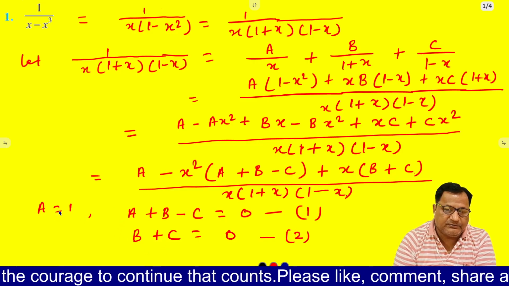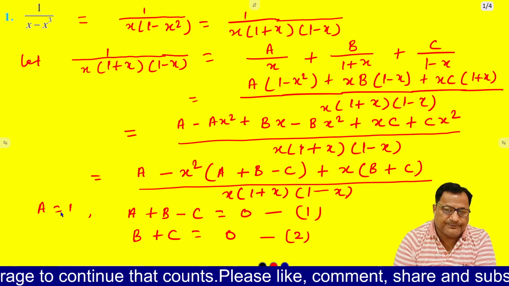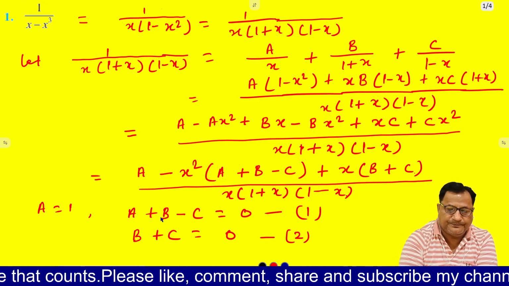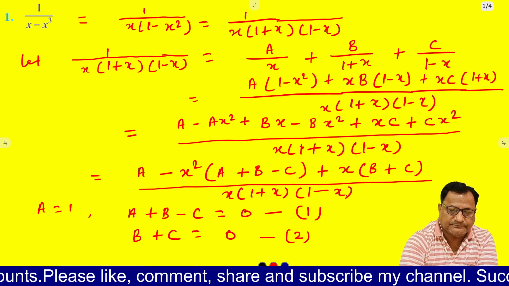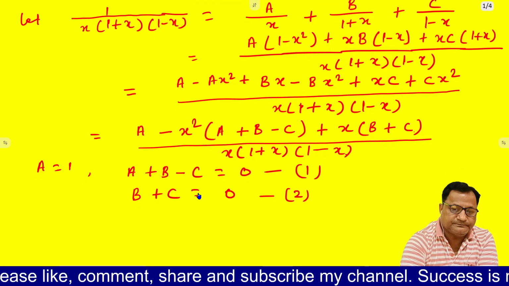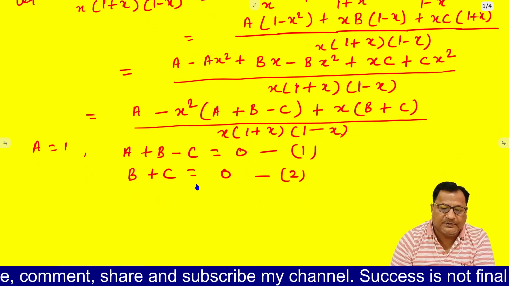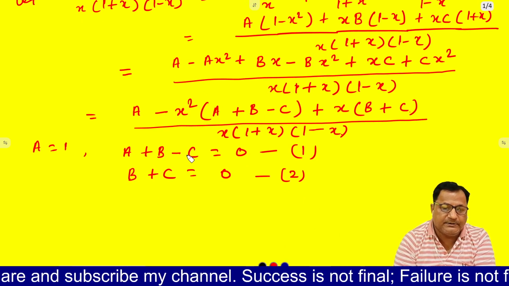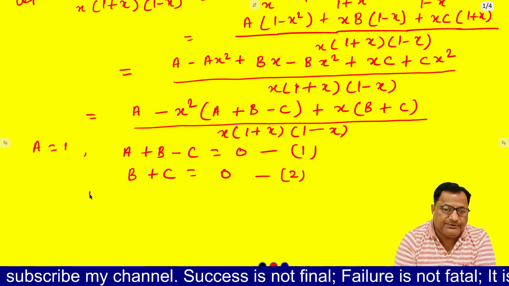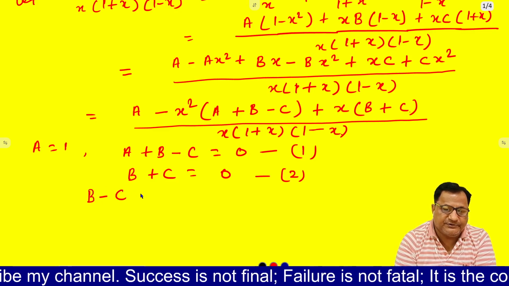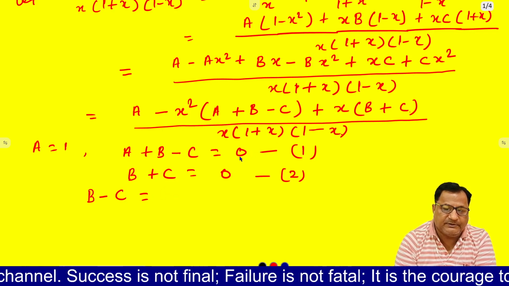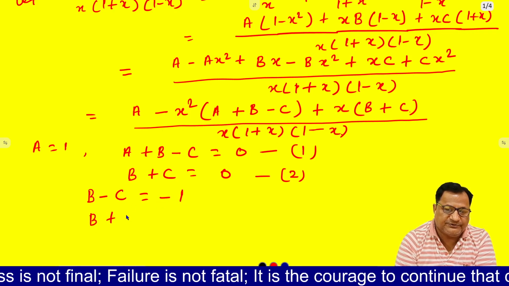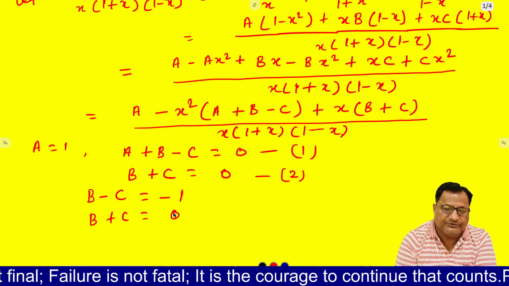Now if we put the value of a in equation 1, then it will be b minus c equal to minus 1, and b plus c equal to 0.